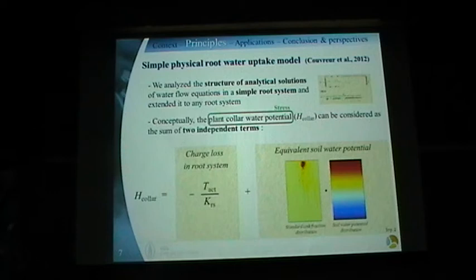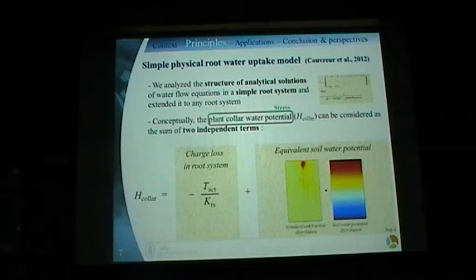This means that at places where you have, for instance, more roots or more aquaporins, the plant really feels more the water potential, and so you obtain some kind of weighted mean soil water potential, which is really for this given plant.